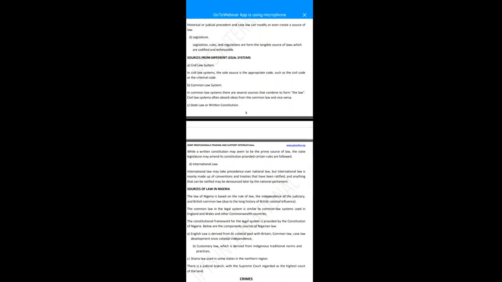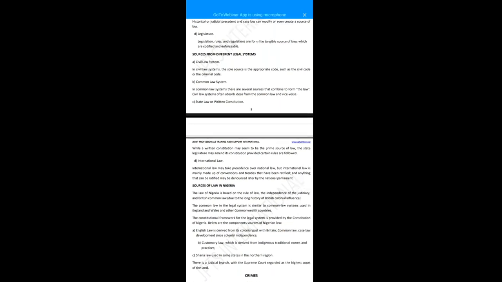The international law may take precedence over national law, but international law is mainly made up of conventions and treaties that have been ratified, and anything that can be ratified may be denounced later by the national parliament.